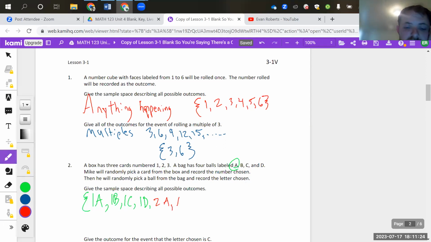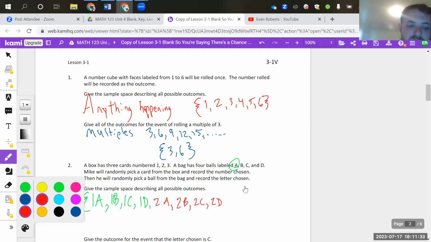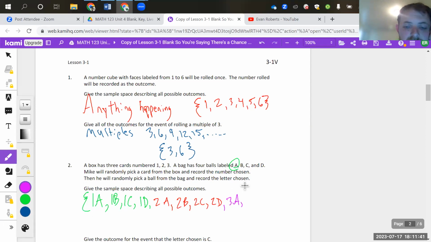You could draw 2B, 2C, and 2D as well. And so essentially, you've only got one more possible scenario here. You could draw 3A, 3B, 3C, and 3D.